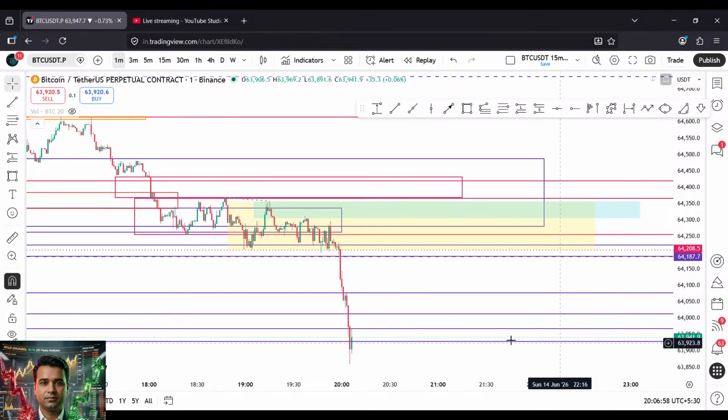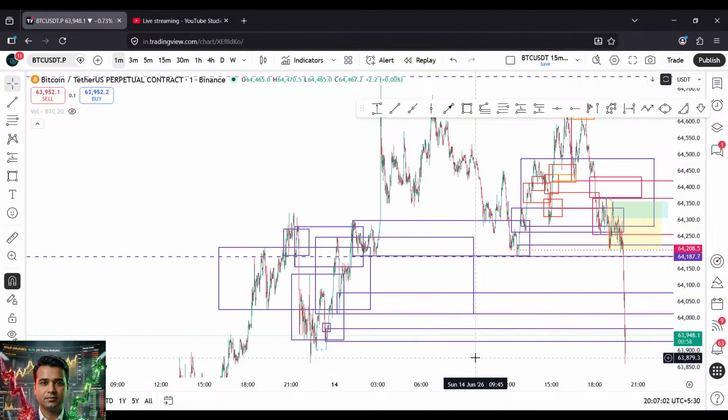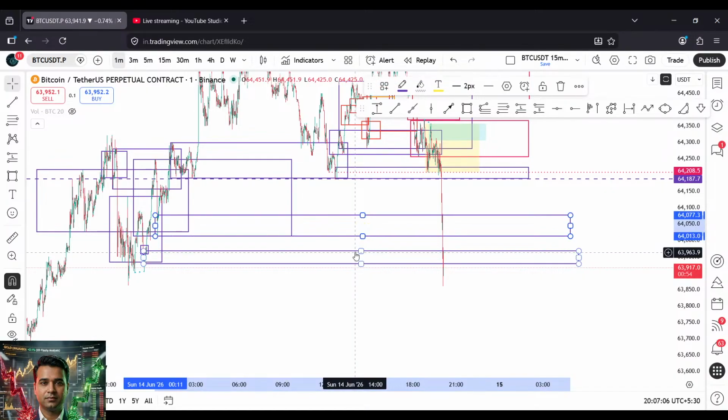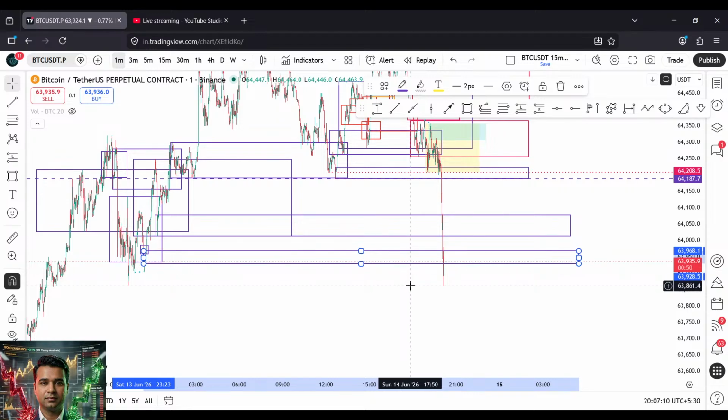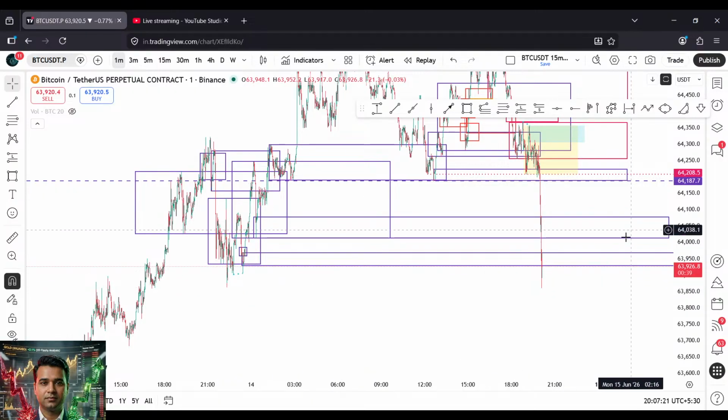What is happening here? Price has crossed this zone as well and is coming down. This one gone, this one gone, and price has hit here. Break this, break the low of this. Okay.